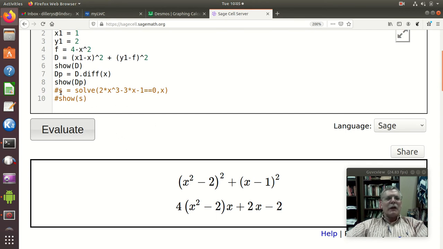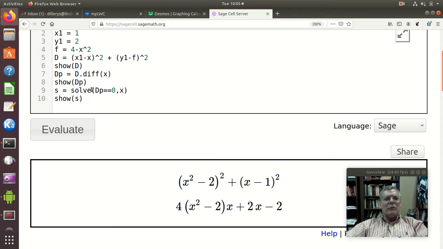Now I want to set that derivative equal to 0 as we did before, but I'm just going to put in here dp. Solve dp equals 0, double equal sign for that, and then let's show that.